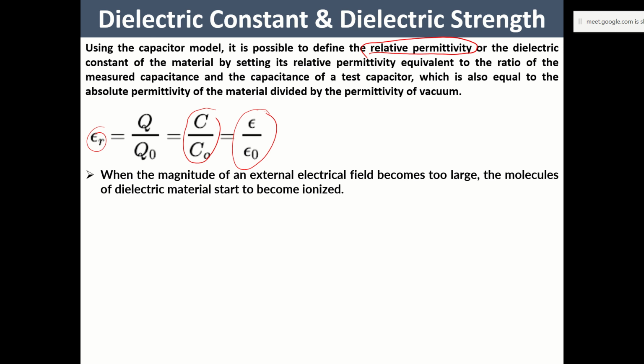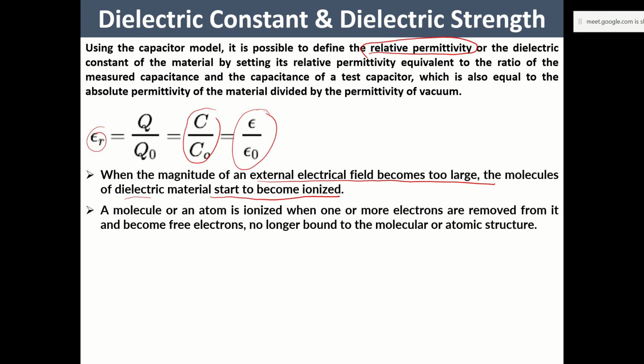So, when the magnitude of external electric field becomes too large, the molecules of the dielectric material start to become ionized. So if the electric field that we apply becomes too large, then molecules will be ionized, and one or more electrons can be removed from that material.